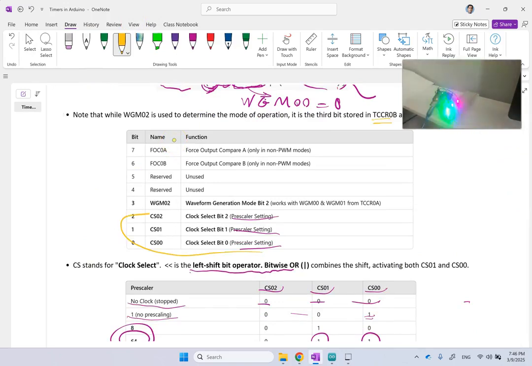The first 3 bits are prescaler. If you look at the 4th bit, this is the one that helps the other 2 WGMs to determine the mode of operation. It also has 2 extra bits that are not used. And finally, it has FOC 0A and 0B, and FOC means force output compare A, force output compare B, which are the modes that are only for non-PWMs.